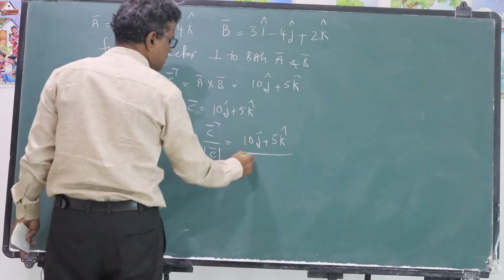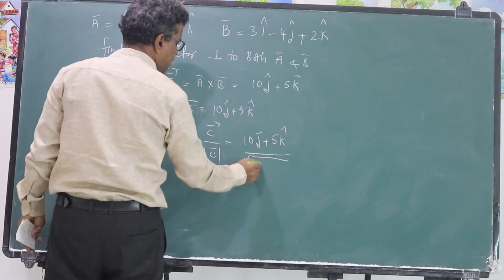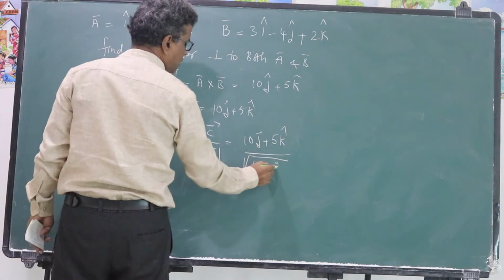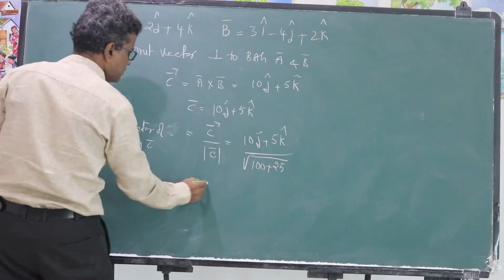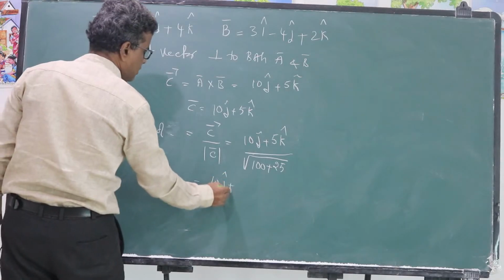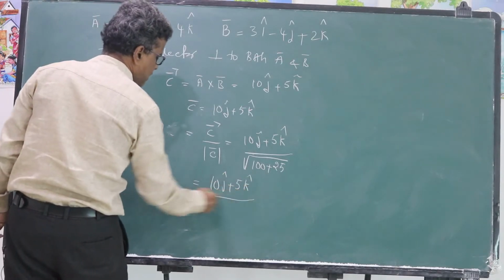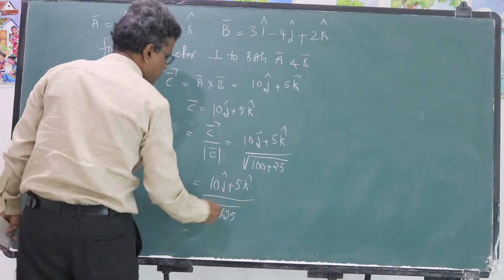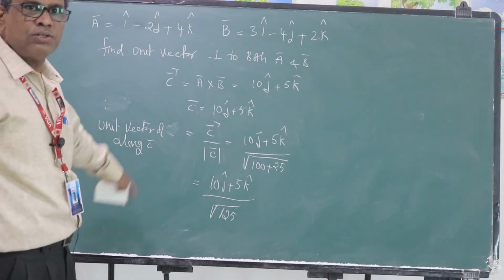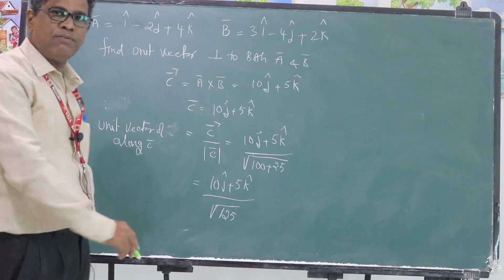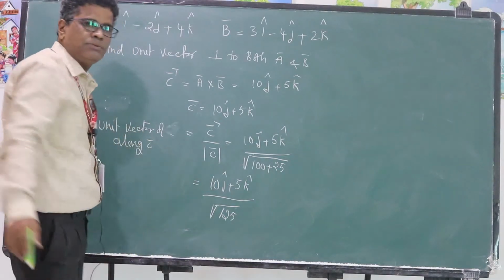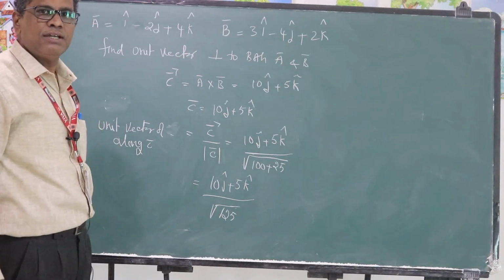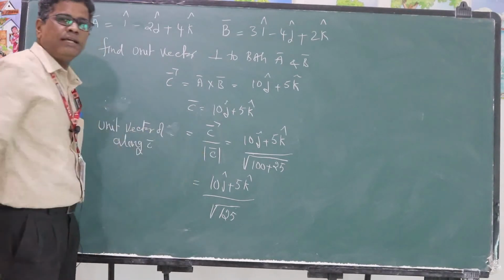Mod of this is 10 square 100 plus 5 square 25. So that is 10j cap plus 5k cap by root 125. Thus we can also do the same problem like this. Instead of the first method we did, which seems lengthy, simply we can do like this also.